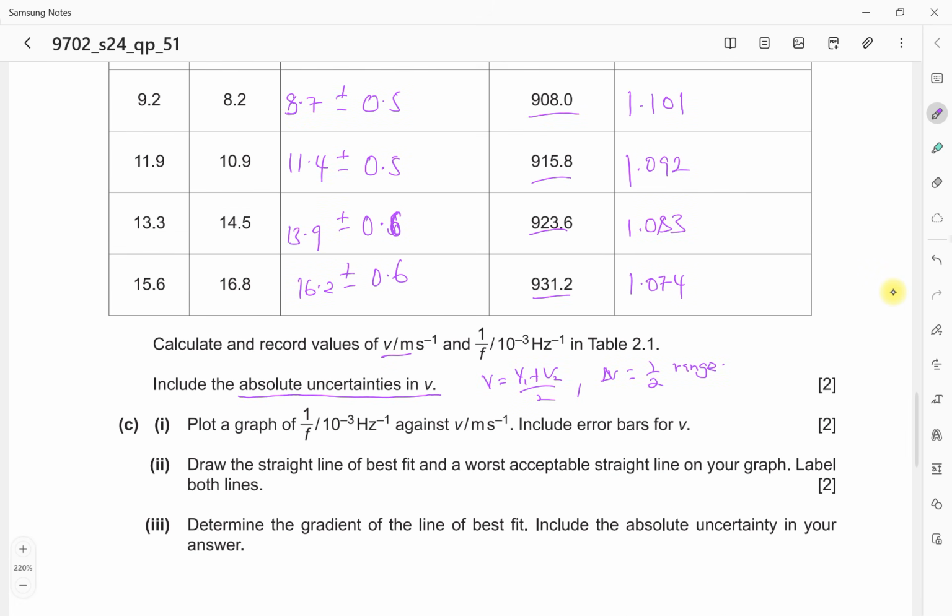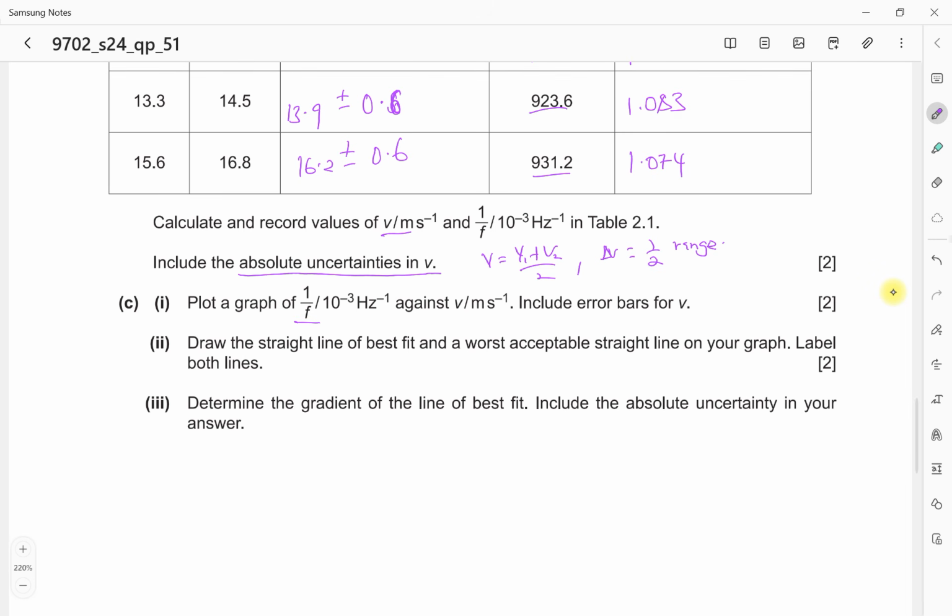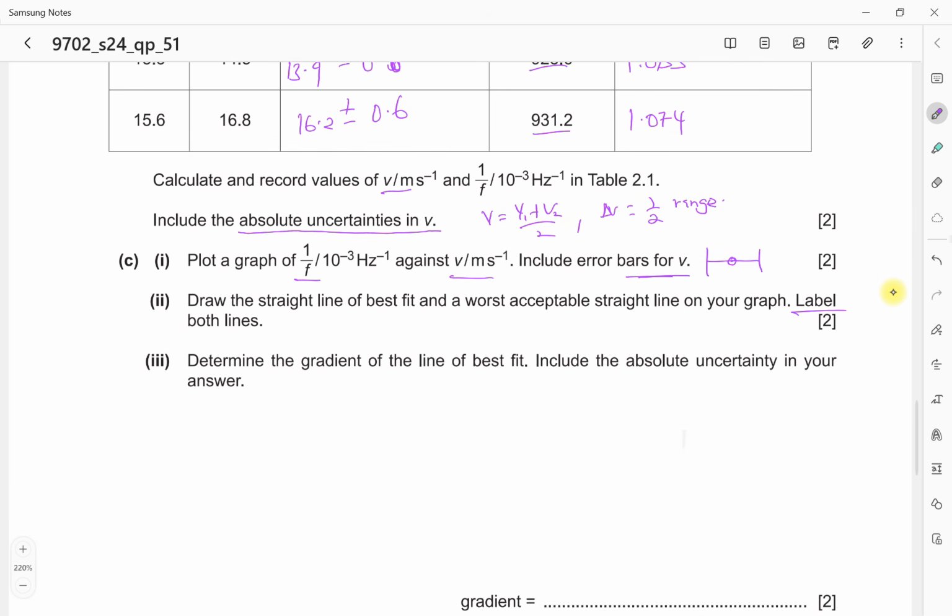Okay. So plot a graph of 1 over f against v. Include the error bars. Because v is on the horizontal, on the x-axis, the error bars are going to be like this. Draw the line of best fit and a worst acceptable straight line on your graph. Label both lines, so don't forget to label. Determine the gradient of the line of best fit. Include the absolute uncertainty.